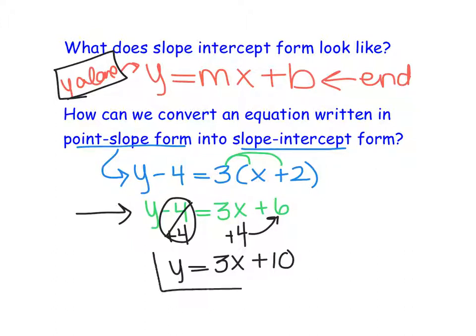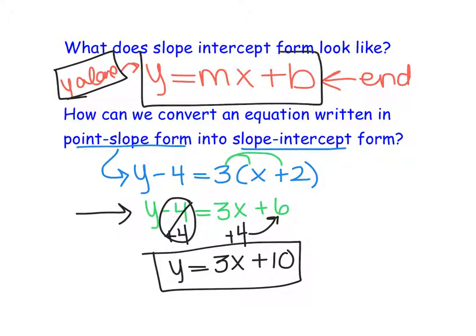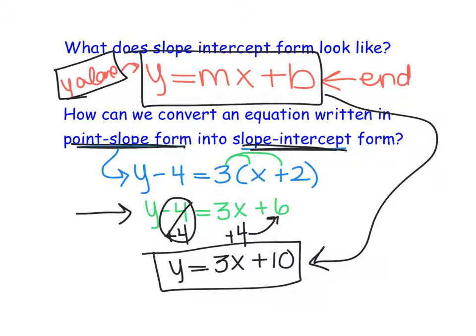After we've distributed and added the 4 to each side, we are now ending in slope-intercept form. So what we're going to practice in this video is writing an equation of a line in slope-intercept form by rewriting it from point-slope form.